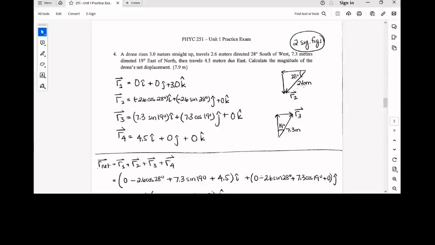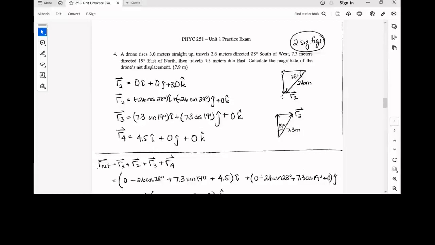So that's going to be 2.6 meters times the cosine of 28 degrees to capture the x component of this vector. And it points toward negative x, so I have a negative sign here. And if I look at the y component, that's going to be 2.6 meters times the sine of 28 degrees.